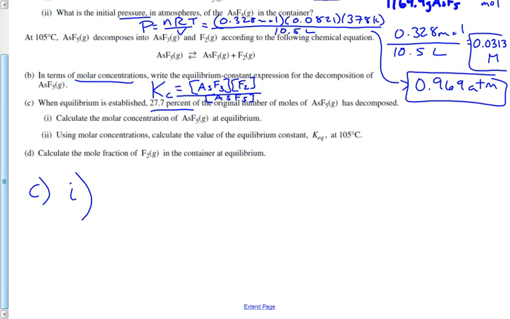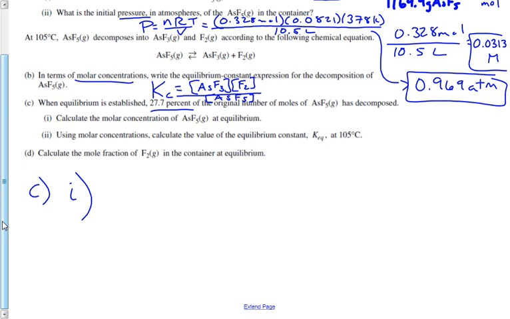Isn't it just number of moles times... Okay. So calculate the molar concentration of ASF5 at equilibrium. It says when equilibrium is established, 27.7% of the original number of moles of ASF5 has decomposed. So what's the initial?